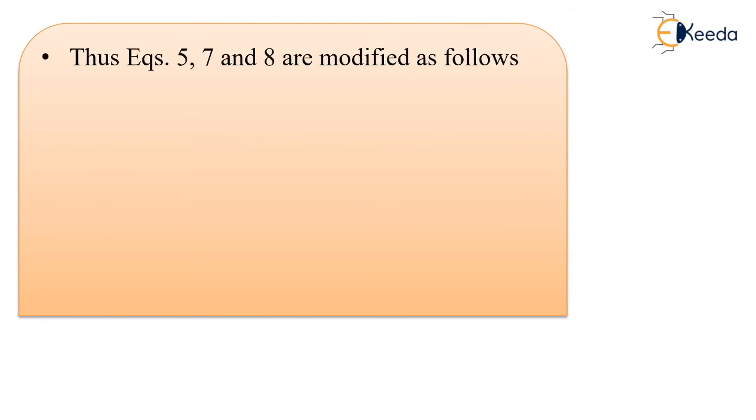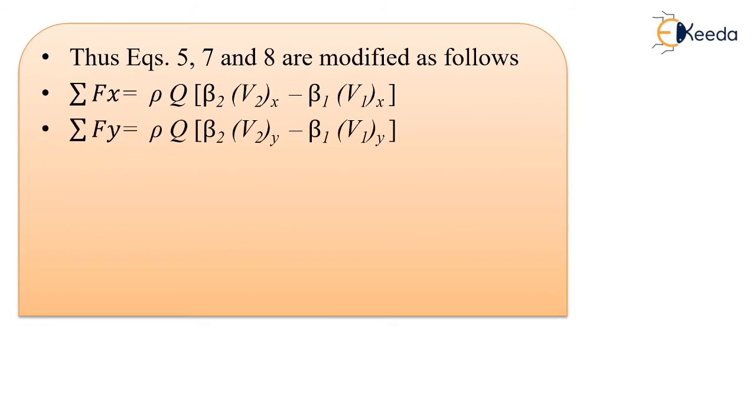Thus, equations number 5, 7 and 8, we already learned these equations. Now we are modifying them as summation of Fx is equal to rho into Q in bracket beta 2 into v2 suffix x minus beta 1 into v1 suffix x, and summation Fy is equal to rho into Q in bracket beta 2 into v2 suffix y minus beta 1 into v1 suffix y.